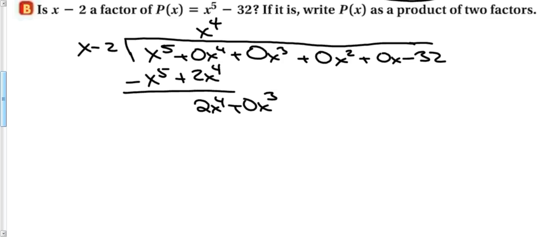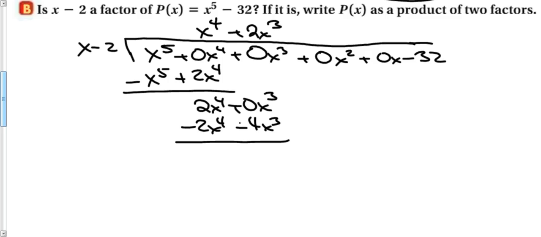As we go forward, you're going to see that we get all sorts of factors of 2. So divide 2x to the fourth by x, we get 2x to the third. Multiply: 2x to the fourth minus 4x to the third. Subtract. Bring down the 0.